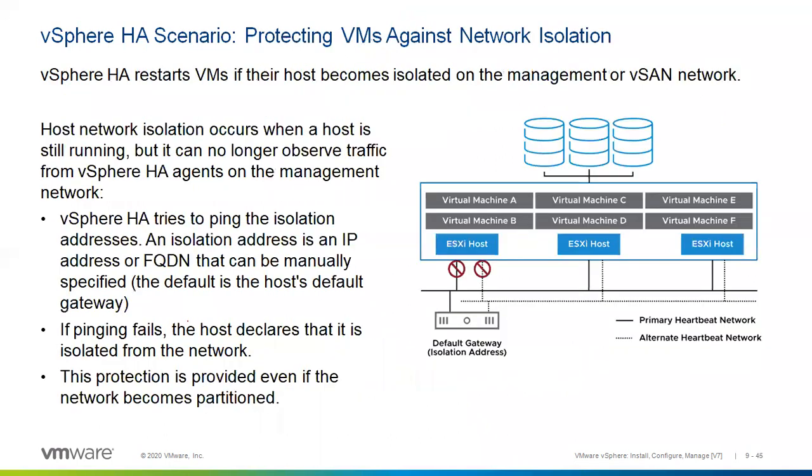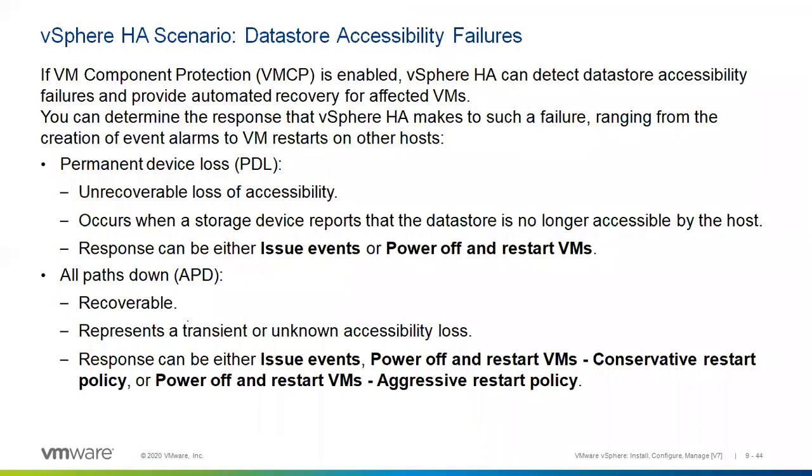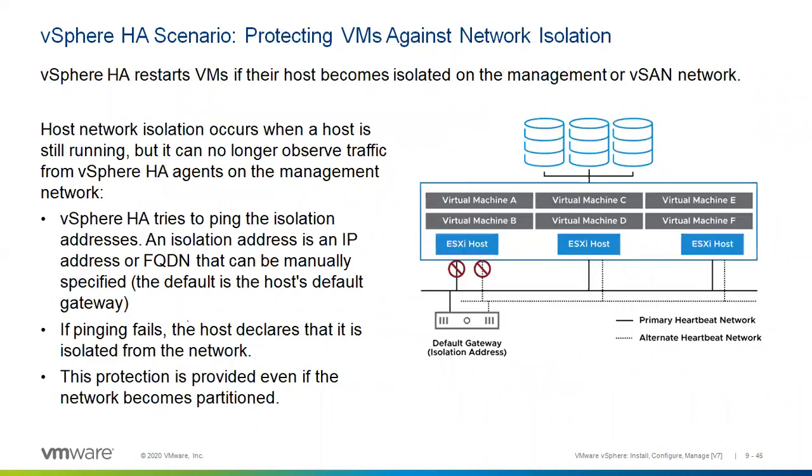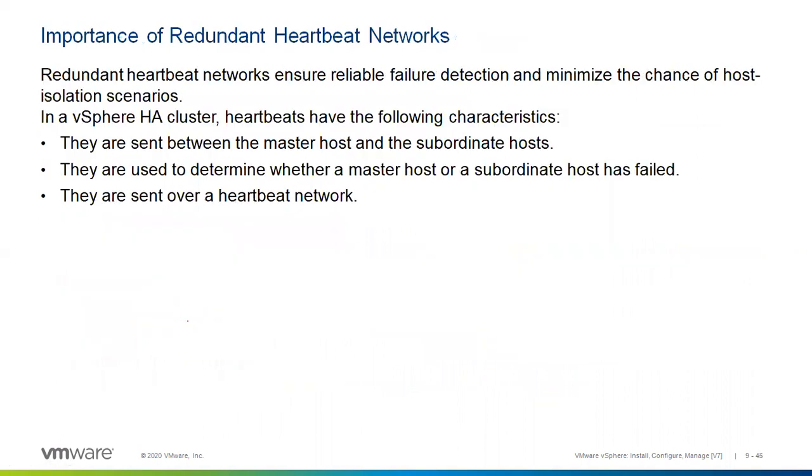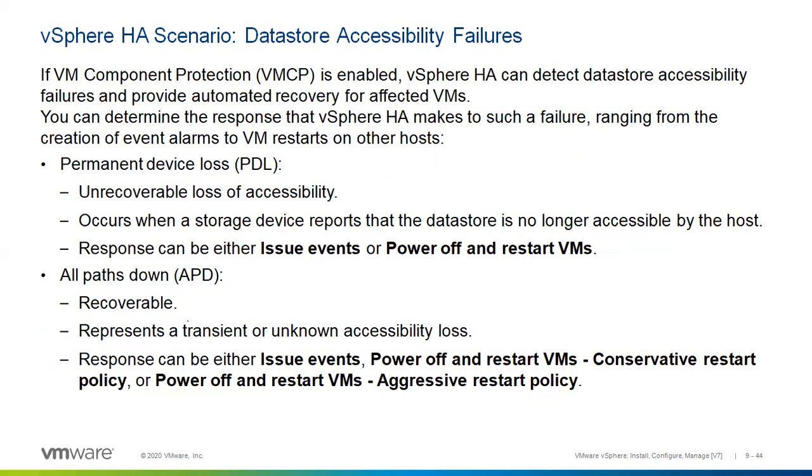So these are my HA scenarios, and these are some storage failure scenarios. Datastore inaccessibility. When we say datastore inaccessibility, there could be two reasons: permanent device loss or all paths down.